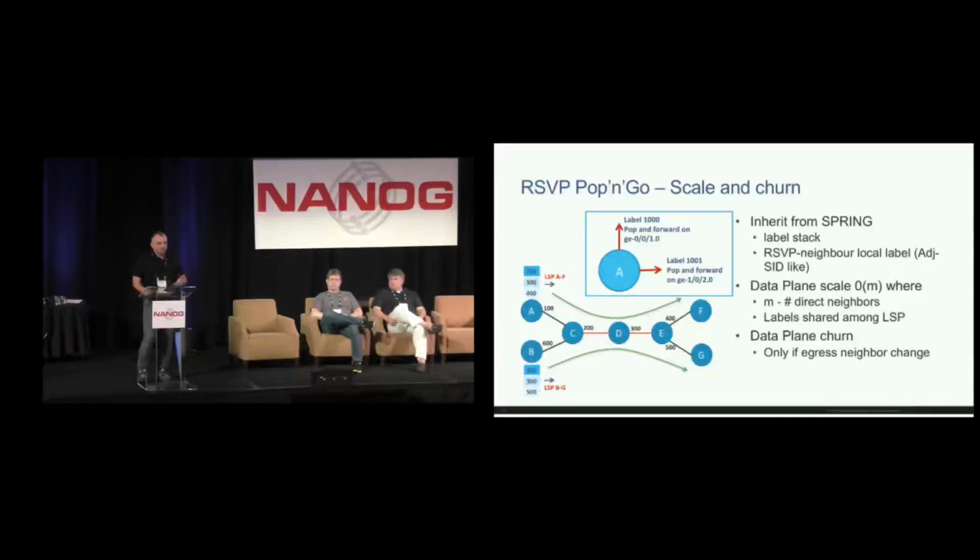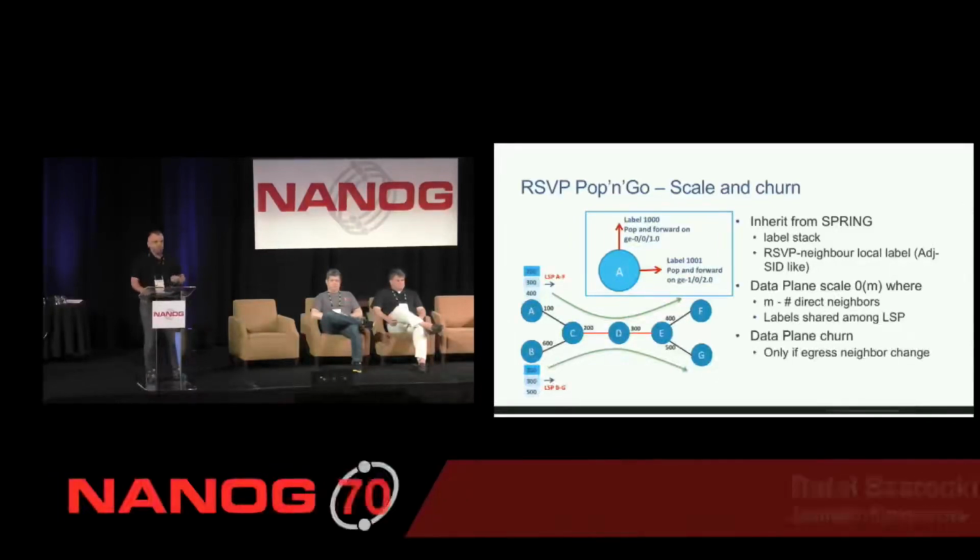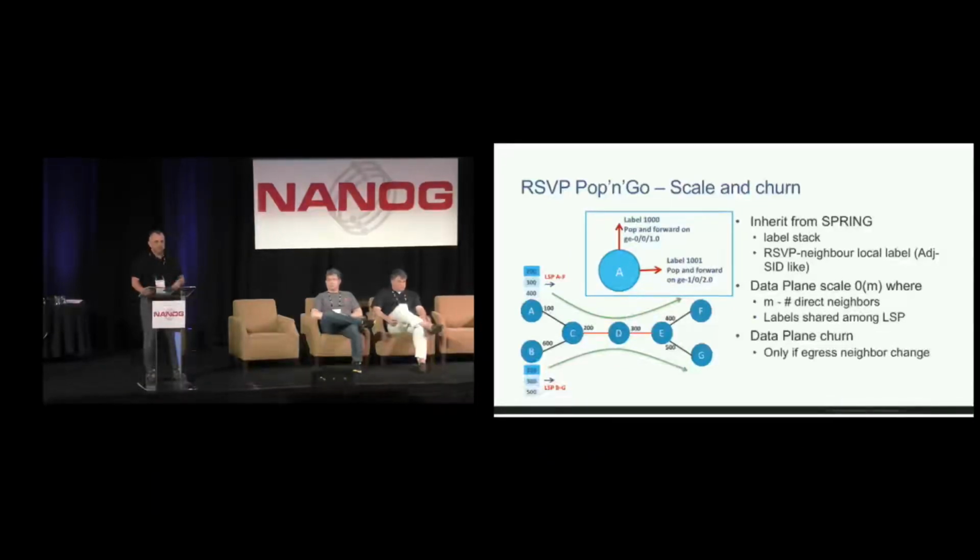We allocate the labels per neighbor or per interface, similar to the adjacency SID. Then in the data plane, scaling is linear, O(M), where M is the number of direct neighbors. It doesn't depend on the scale of the network. And even more, the labels could be shared between LSPs.